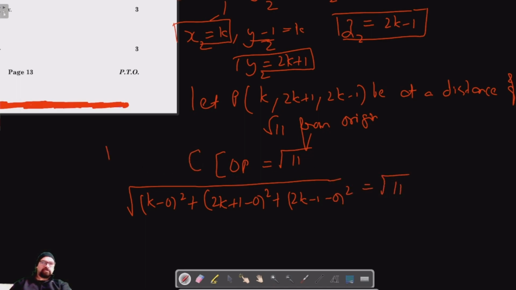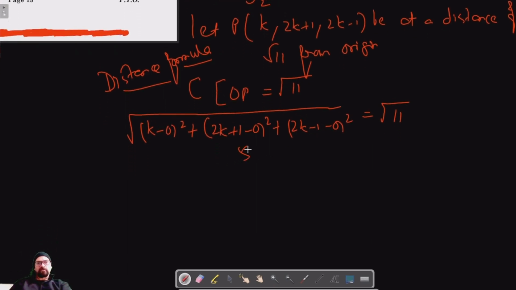So we have used the distance formula. If I square on both sides, the square roots are taken off.